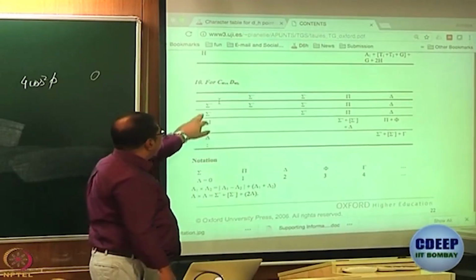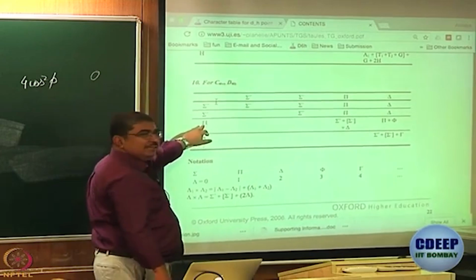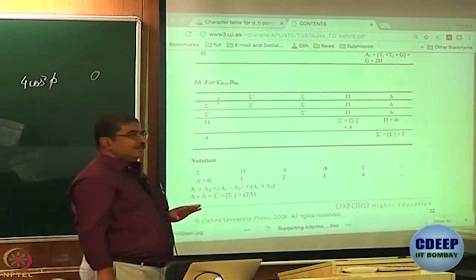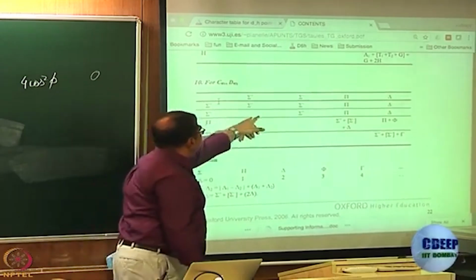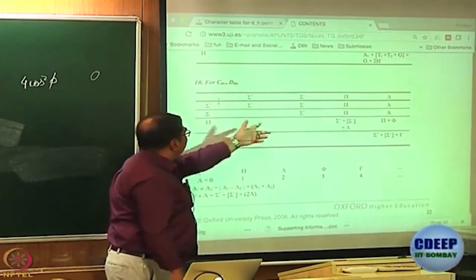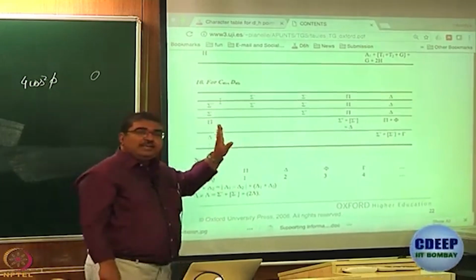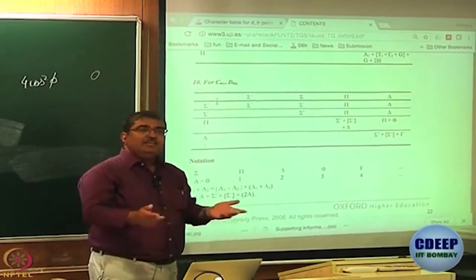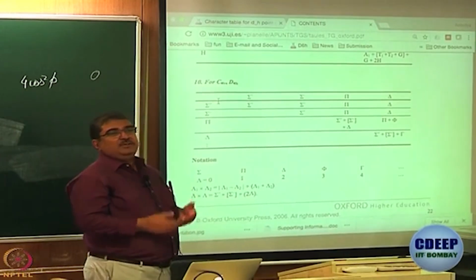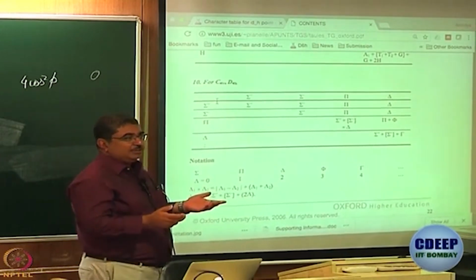What is given is just sigma plus, sigma minus, pi. You take pi sigma minus, what do you get? You take sigma minus, what do you get? So on and so forth. Just looking at the table you can figure it out, and then G or U comes from G cross G, G cross U, U cross G, or U cross U.